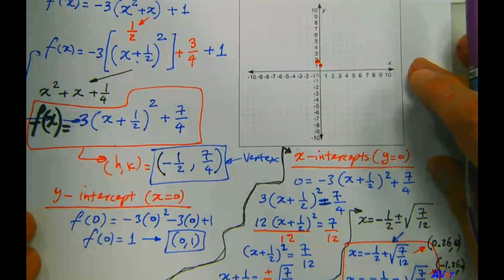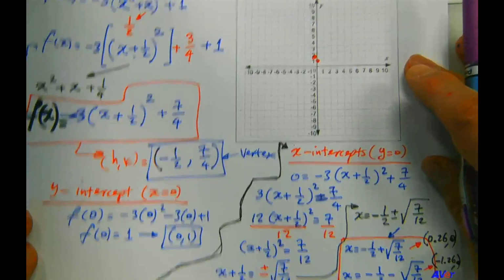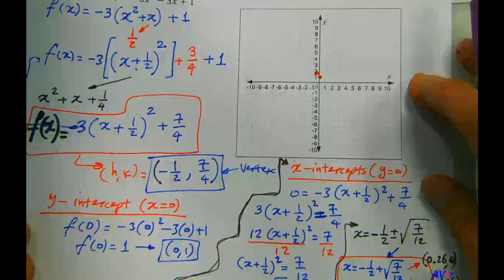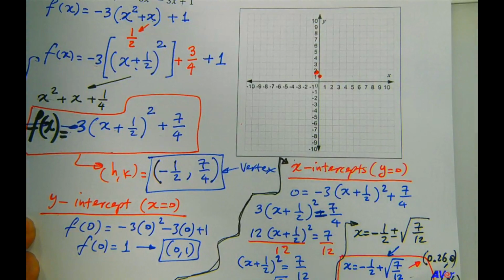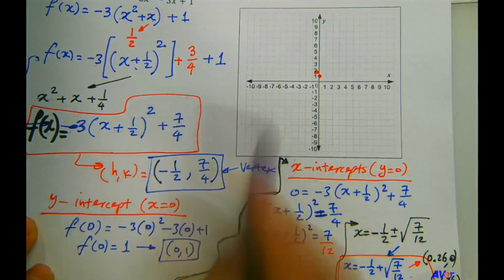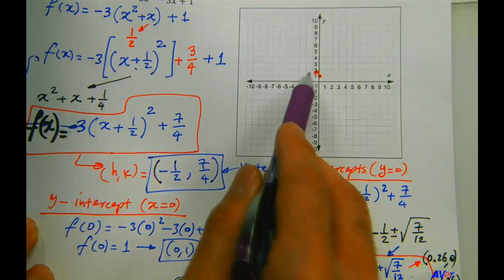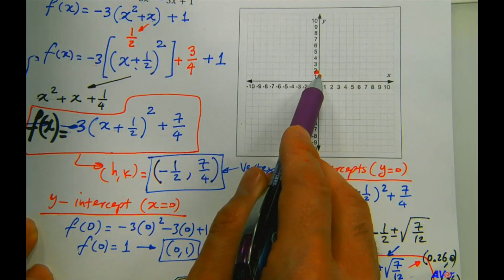Sorry, it looks like part of this has to, okay, this is as best as I can get it on the screen. So we got the vertex, which is that. We got the y-intercept, which is that.